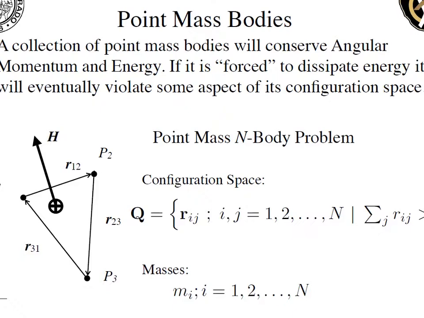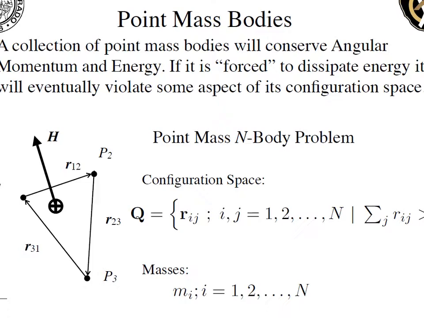For celestial mechanics of point mass bodies, we know that a collection of these bodies will conserve angular momentum and energy. And here the configuration space is just the relative positions of these bodies. Their physical properties are solely described by their masses.